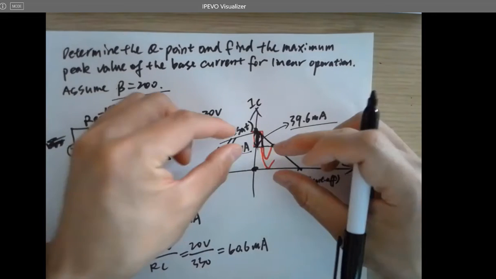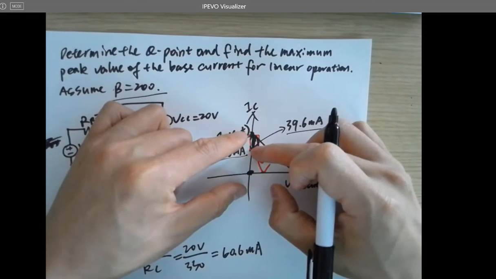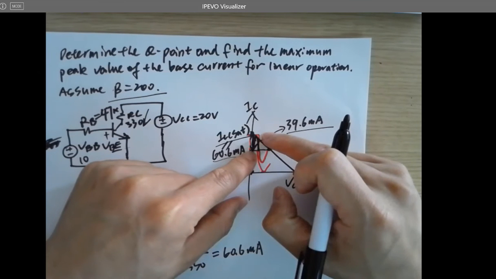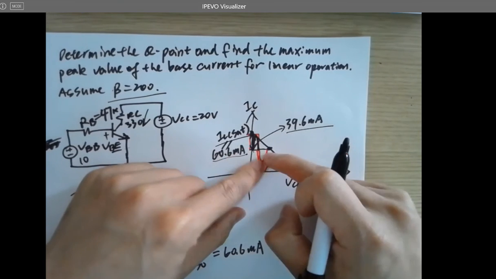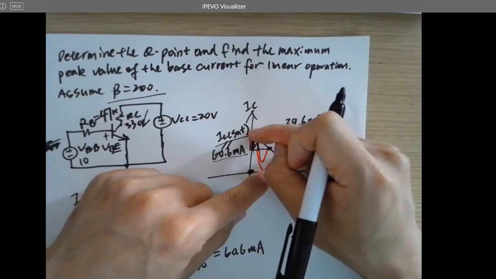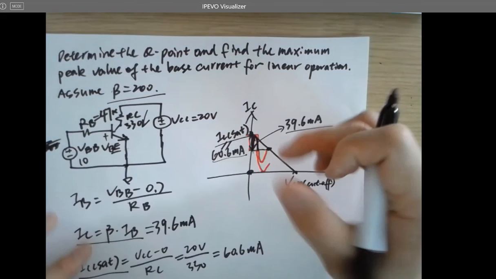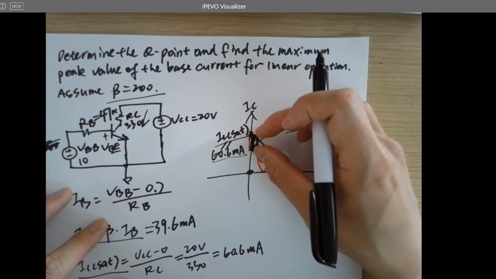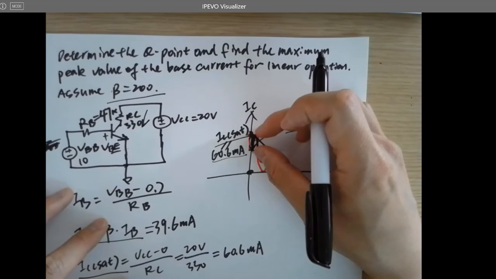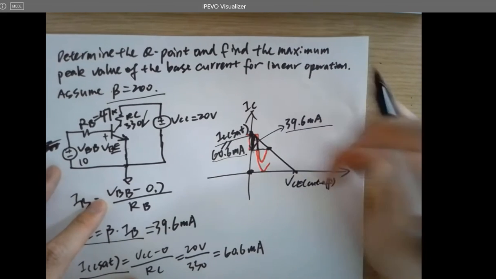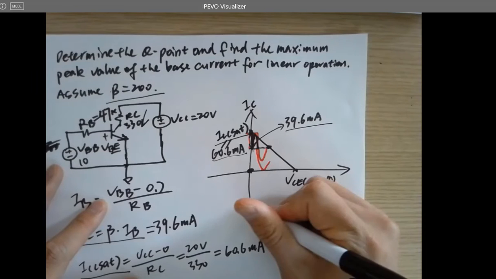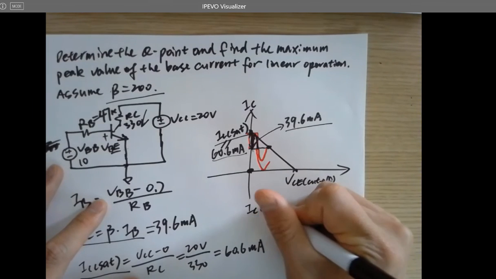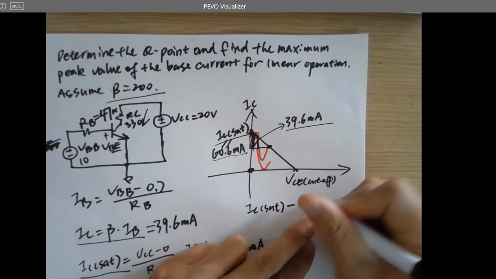Because for a sine wave, if it swings around this line, this Q point, and it's larger here, then whatever is on the top will be clipped. So you have to use a smaller margin here as the maximum swing for IC. So IC set minus ICQ.